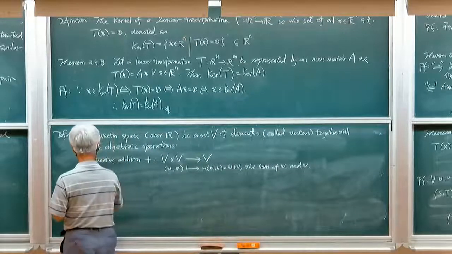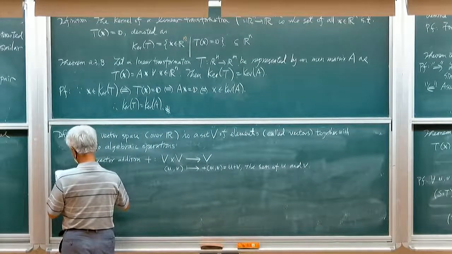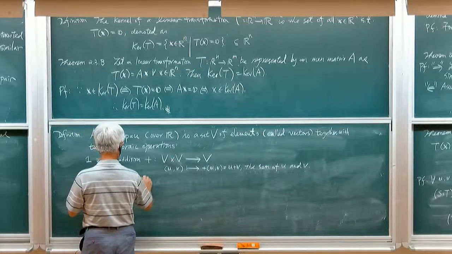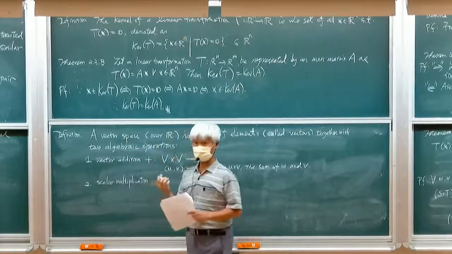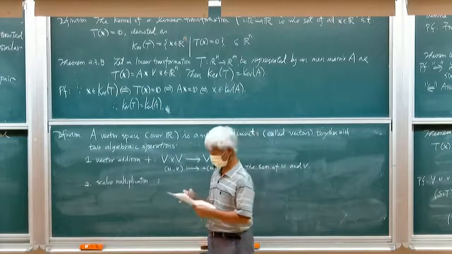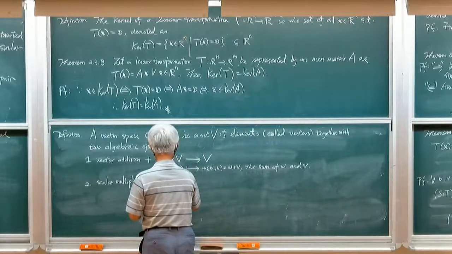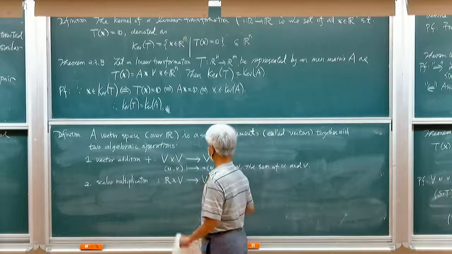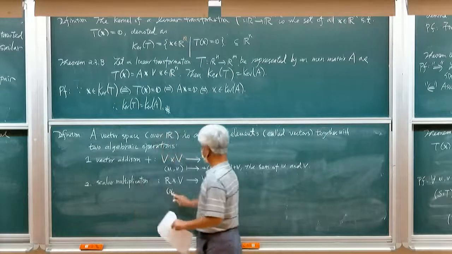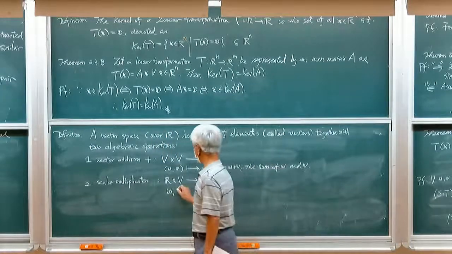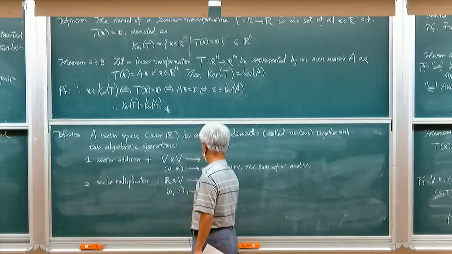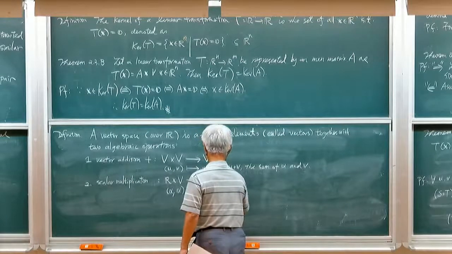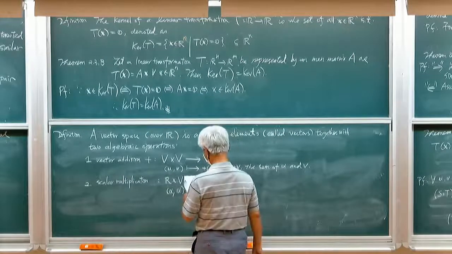The second thing is called the scalar multiplication. And usually it's a blank, okay? It's from the Cartesian product of R and V to V, which says that with a scalar alpha and a vector in V, the blank, this one is alpha U. Okay?